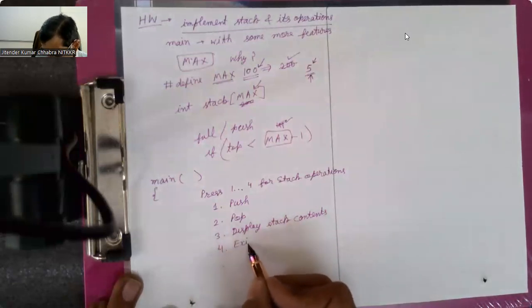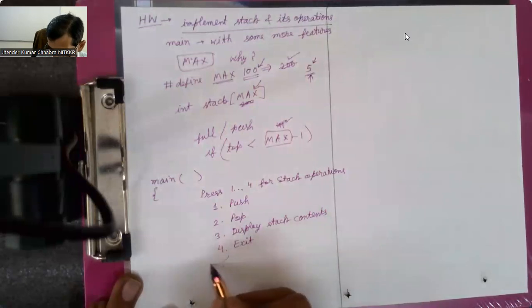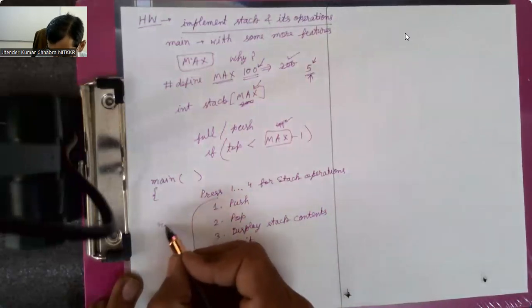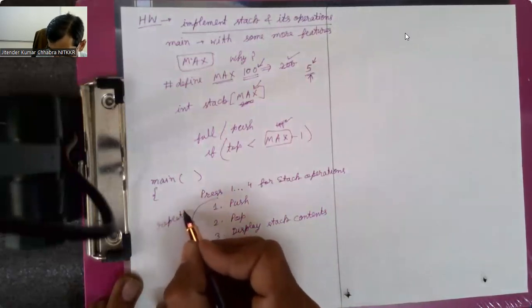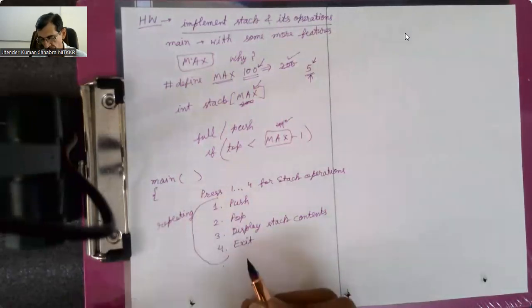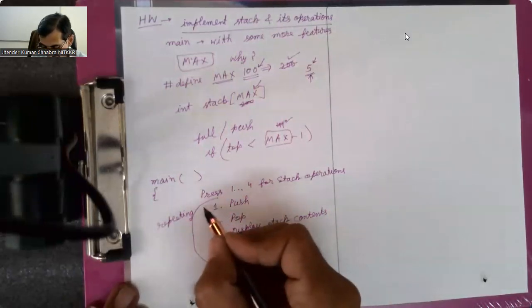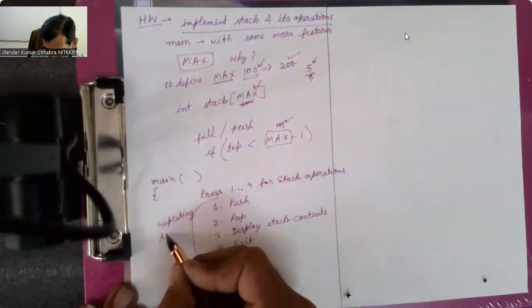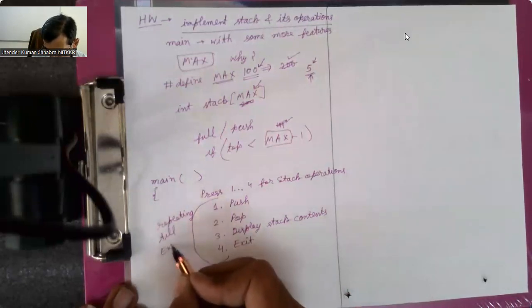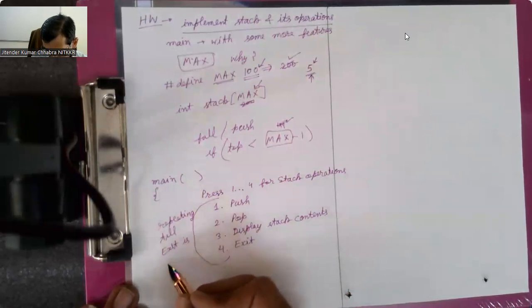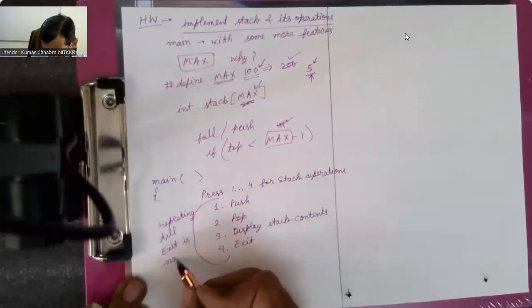And give 4 for exit. And I keep on repeating these choices. So I can repeatedly ask the user to press these, and till exit is not selected, keep on repeating.